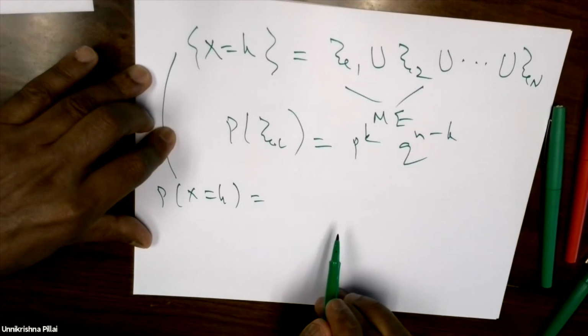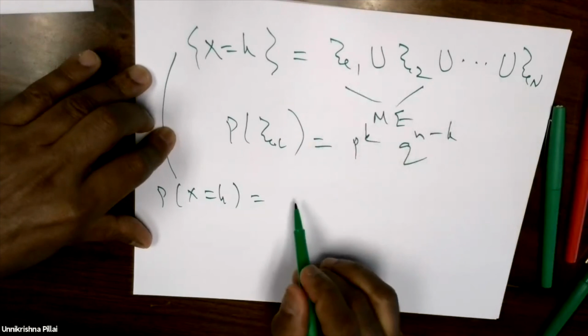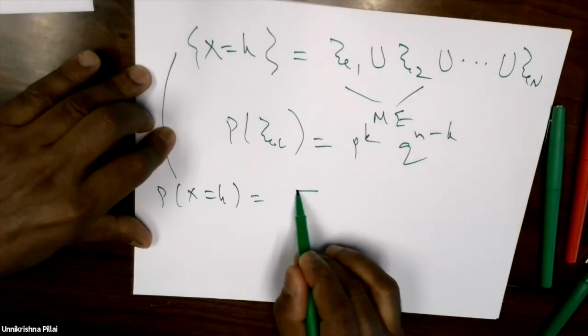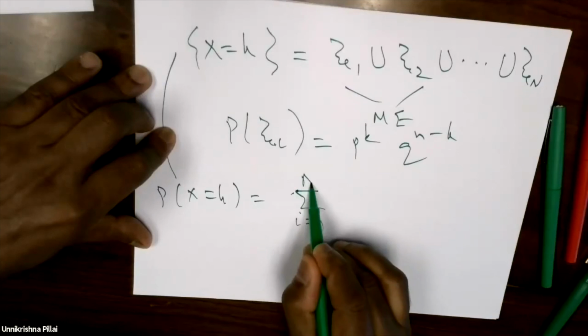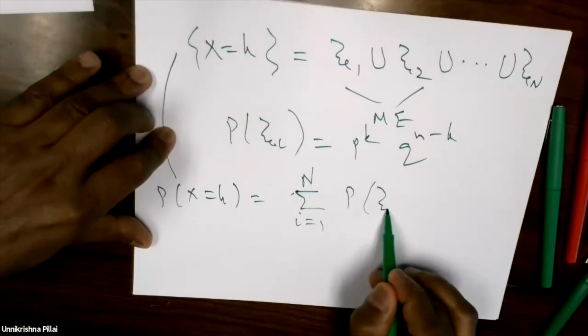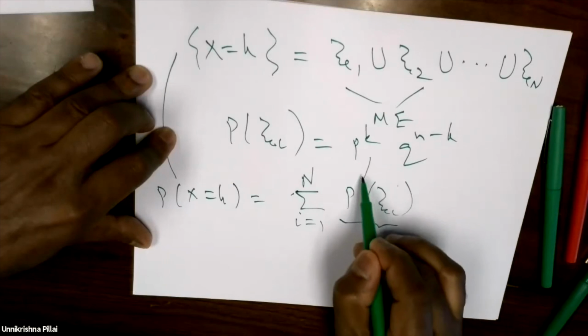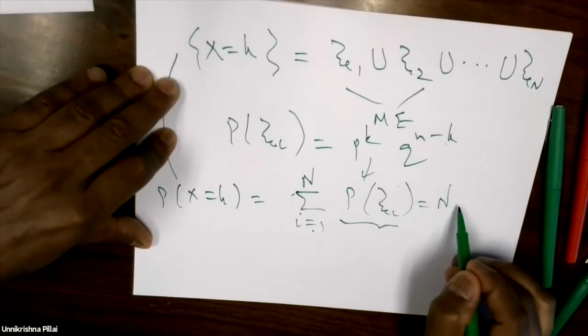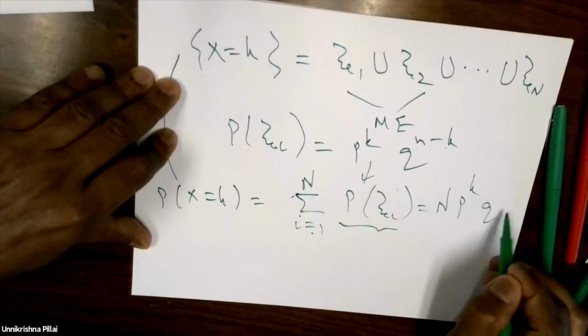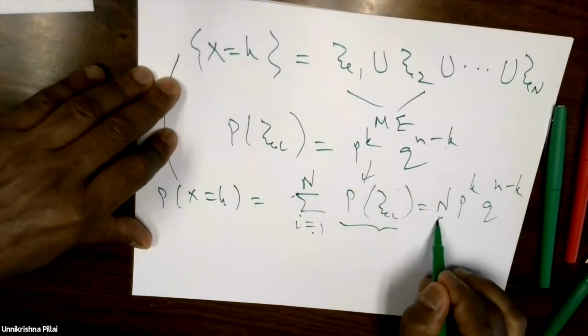They're all mutually exclusive. Summation, i equal to 1 through capital N, of the probability of psi i. But the probability of psi i doesn't depend on i. So this is going to be N multiplied by p to the power k, q to the power n minus k. Now the question is, what is N?